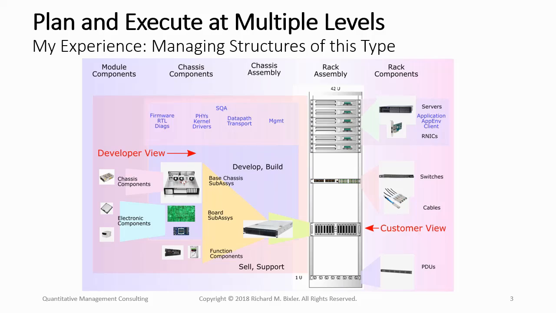Okay, here's an example product. Product is the enclosure at the center, plus assemblies within the enclosure shown to its left, plus software within the enclosure shown above it, plus software that provides functionality of the enclosure to server-based applications, upper right. Each team will have its own detailed view of the product.